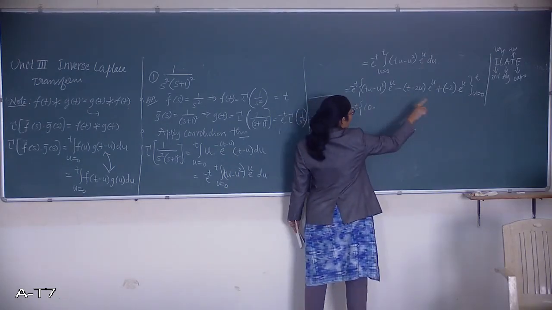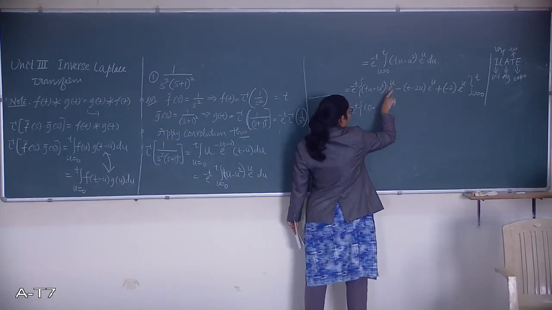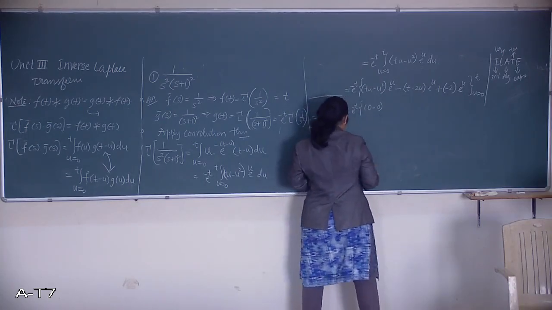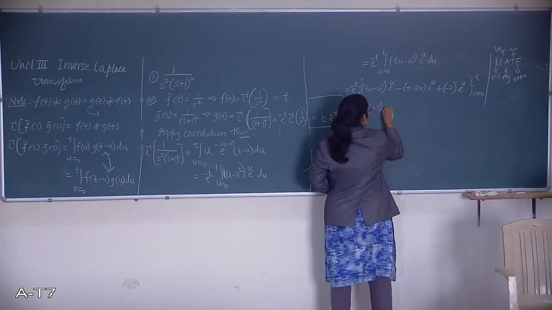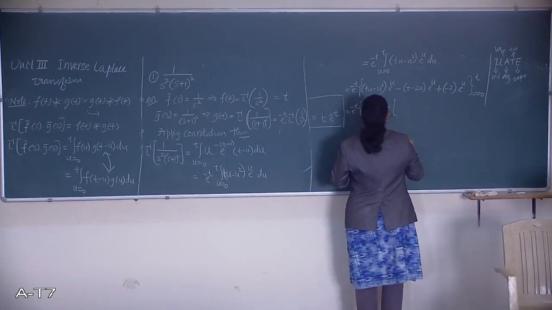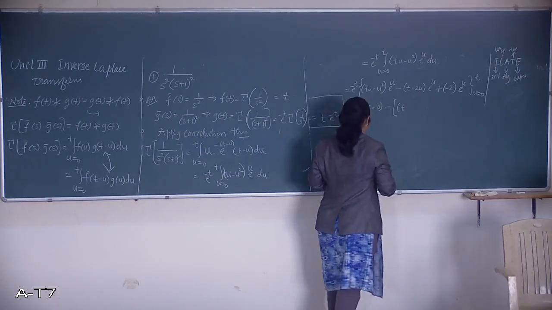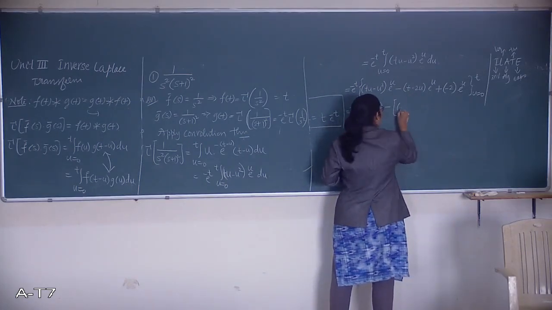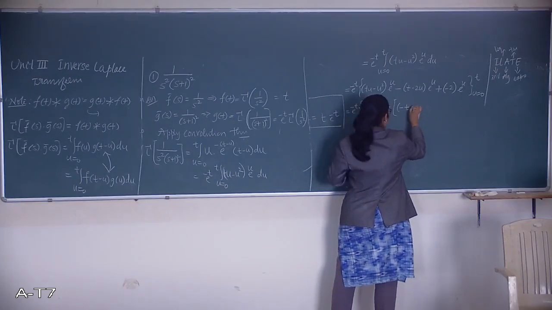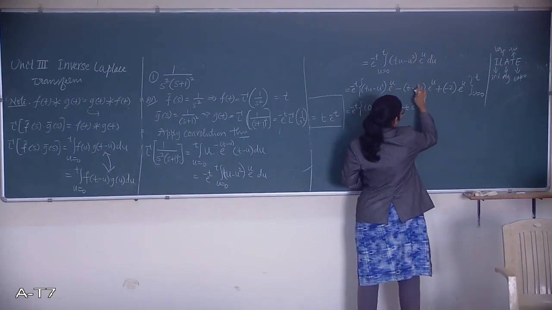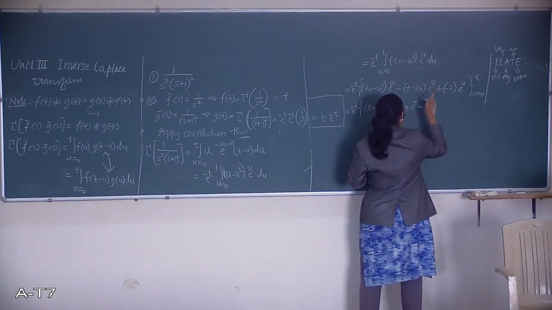Second one is u is equal to 0, and e raised to 0 is 1.